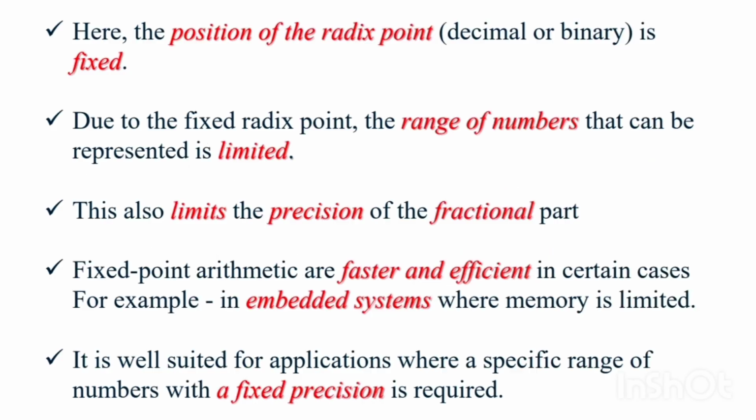Combining the sign bit, then the exponent and mantissa, we get the floating point representation. The features of fixed point representation are shown here. The first feature is that the position of the radix point is fixed. Due to the fixed radix point, the range of numbers that can be represented is limited. That is one limitation.